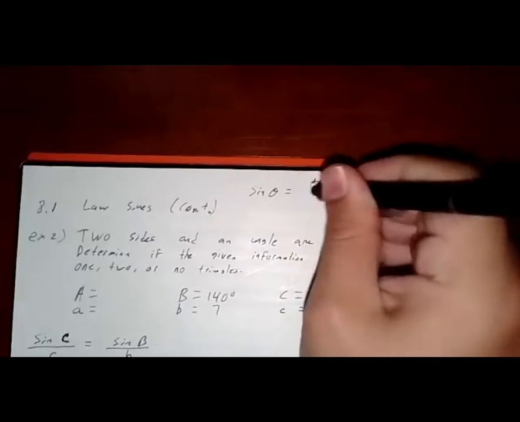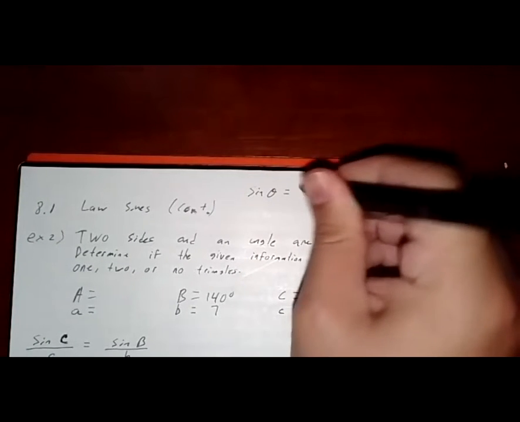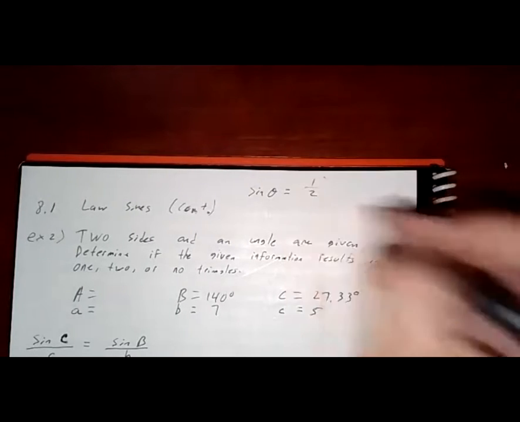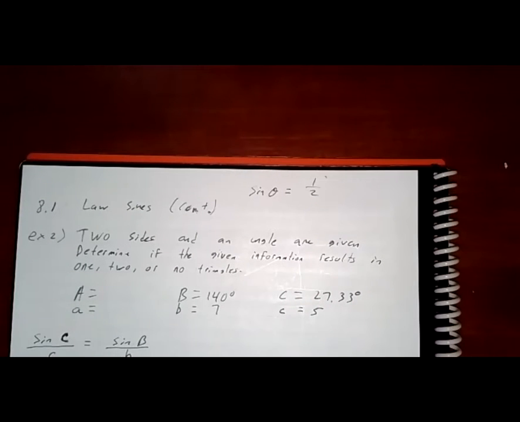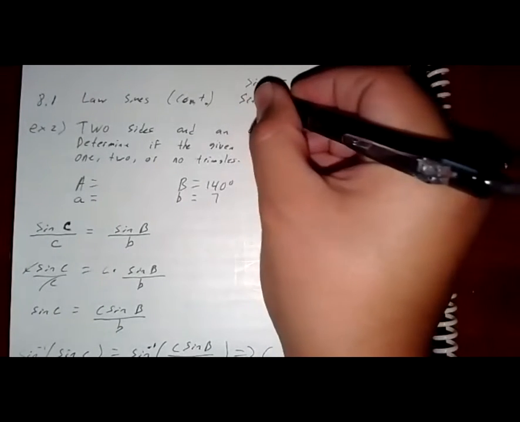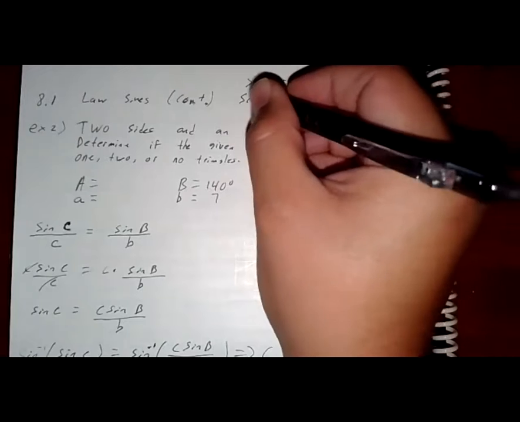So if you were to use a specific example, like sine theta equal to 1/2, there will be two places. To solve that, you would take sine inverse of both sides.